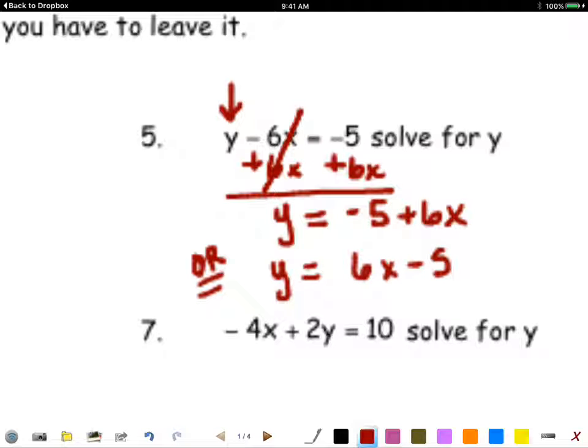Very good. Okay, now let me stop and say something for a minute. When we get to graphing, when we're graphing lines, our equations will have an x and a y in them. And when we're graphing lines, we will always be solving for y. Are you listening? Today, you solve for whatever you're told to solve for.